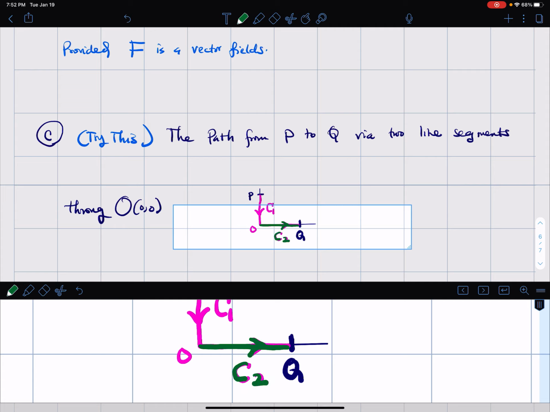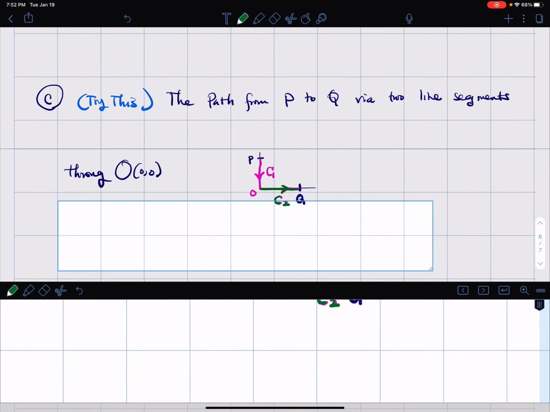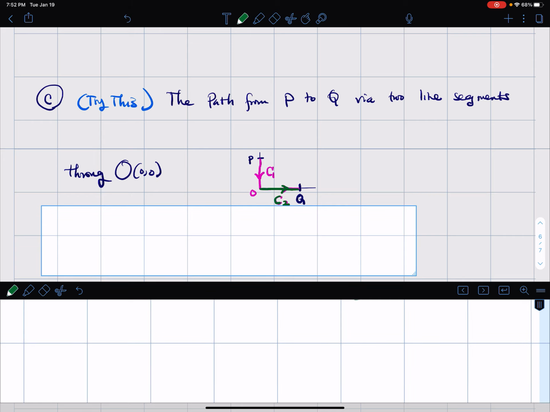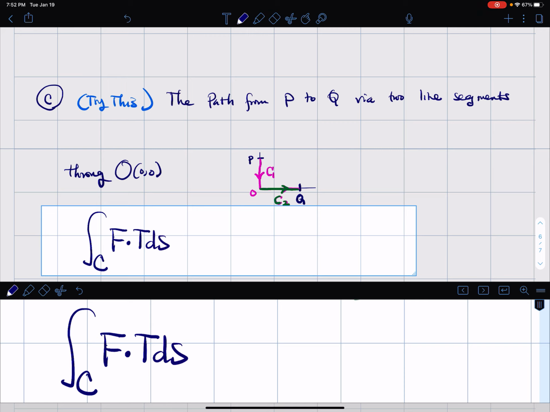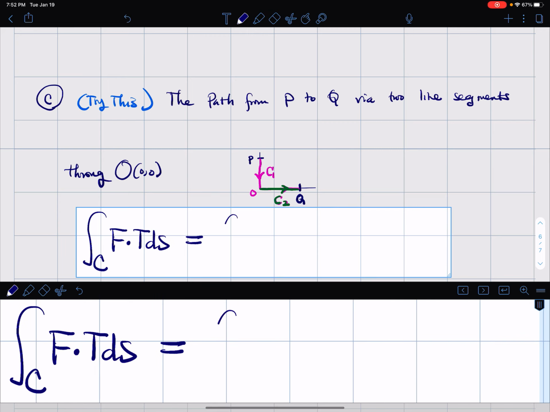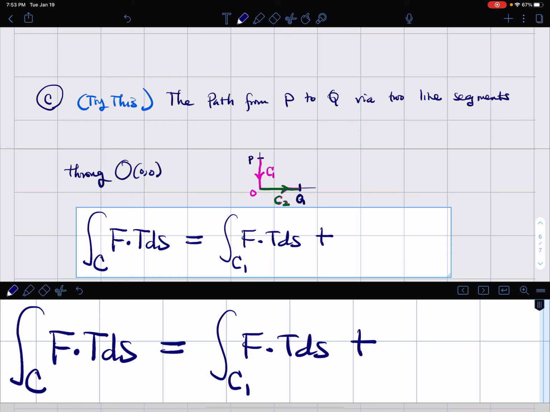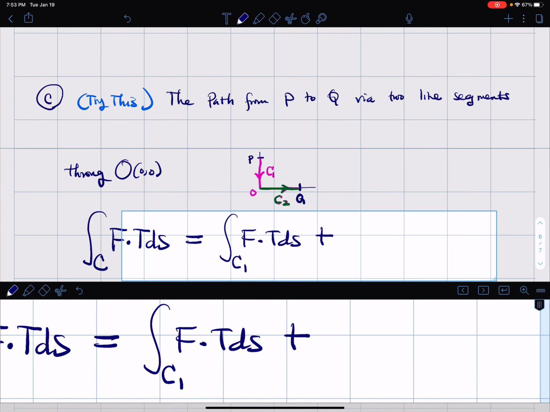So you'll be dealing with two line segments. You want to compute the integral of f dot t ds over C, but you'll be adding f dot t ds over C1 and f dot t ds over C2. You'll be adding both of them together.